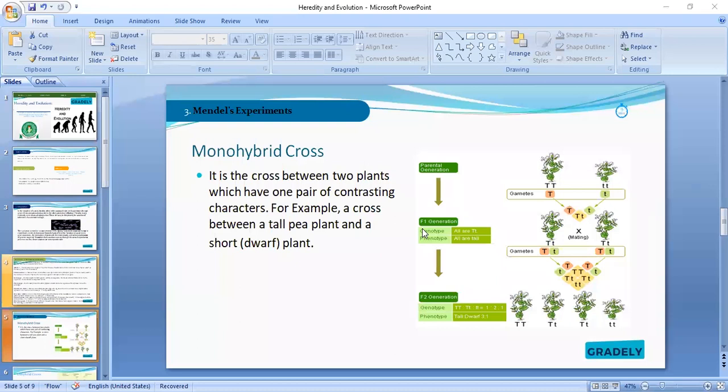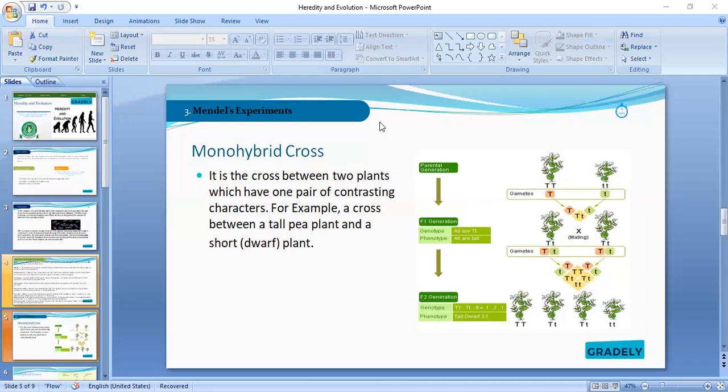We'll have a heterozygous tallness, no longer homozygous, because the father is homozygous in nature and dominant. The mother is homozygous, but she's recessive. So when these two plants cross together, we produce offspring that are heterozygous in nature.